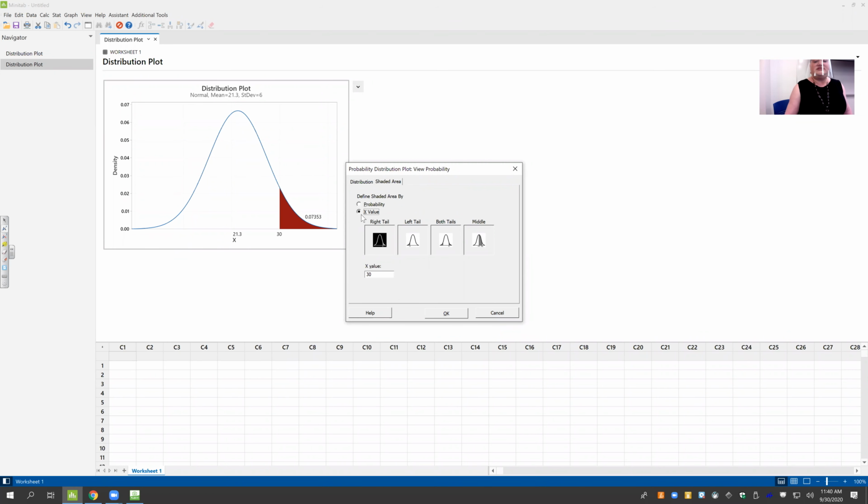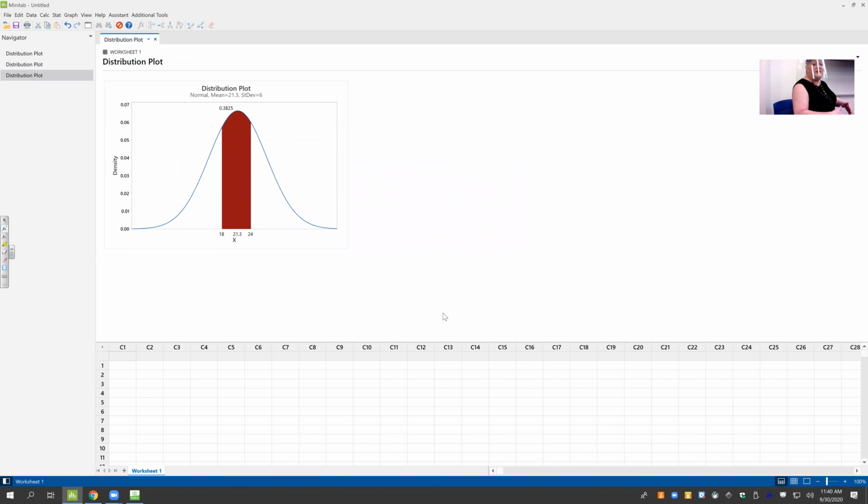We know 18 and 24, and I want to be in the middle. It now has two blanks here, X value 1 and X value 2, so you have to tell it what the two extremes are. Guys, you always work left to right. So you're going to put the smallest one first, that's 18, and then 24 is the highest. Always work low to high. And then I click OK.